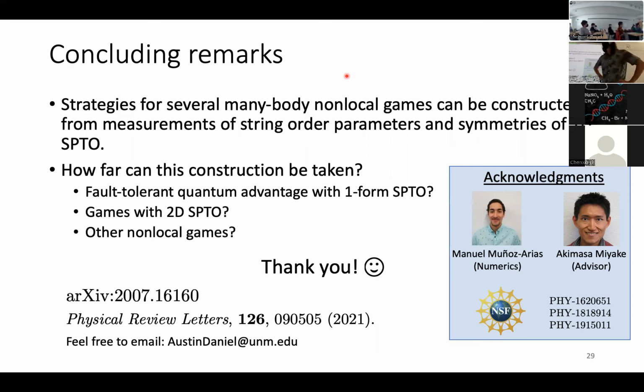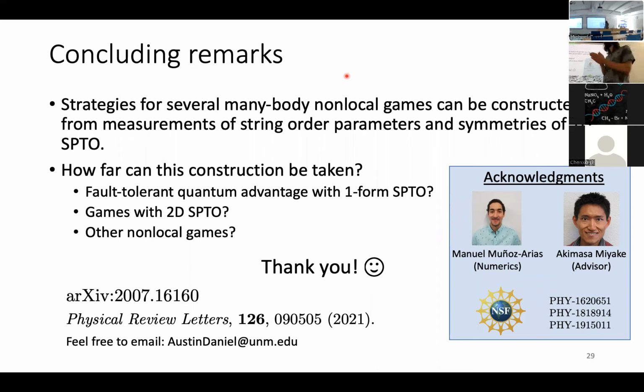Yeah, so you said that symmetry-protected states... as an example of non-SPT states. It turns out that for this triangle game that I showed you before, you can actually construct a perfect strategy using the GHZ state. But the GHZ state doesn't have the proper SPT order.